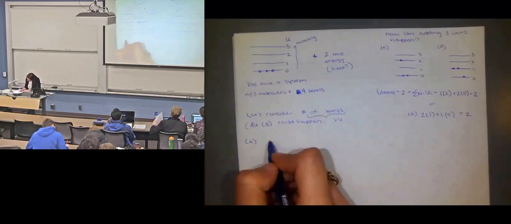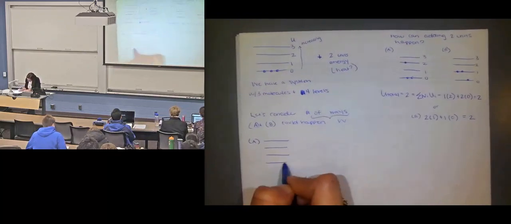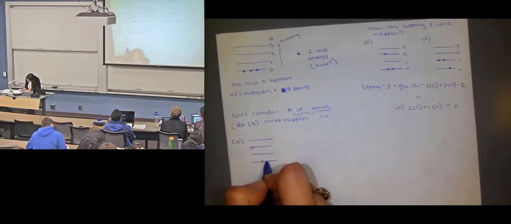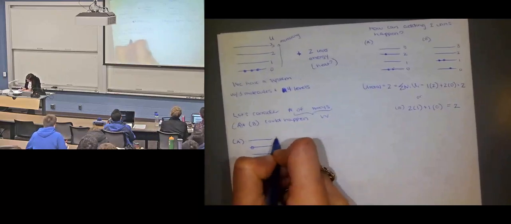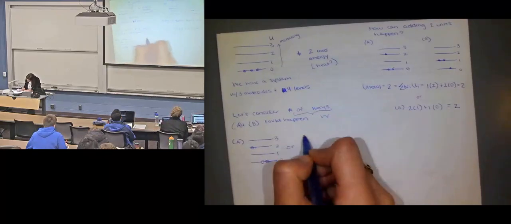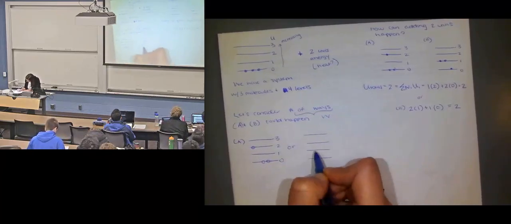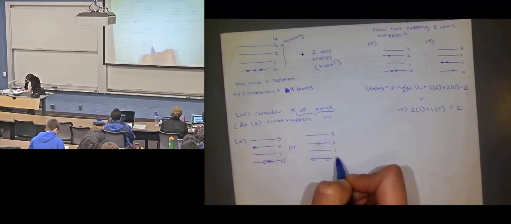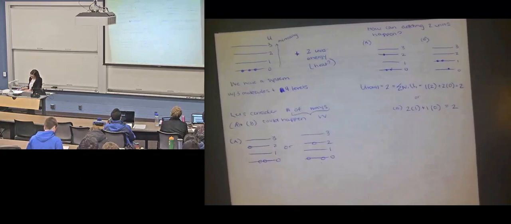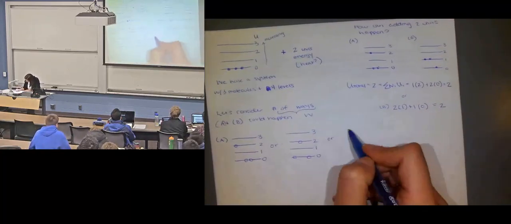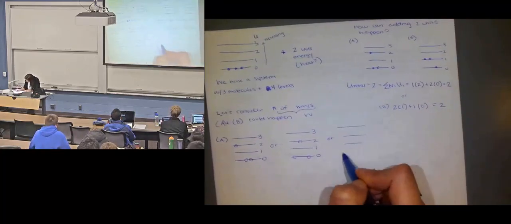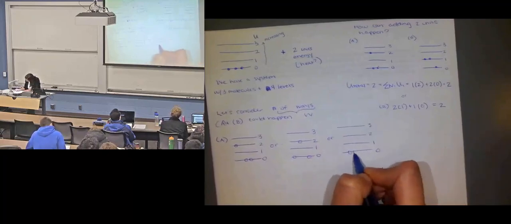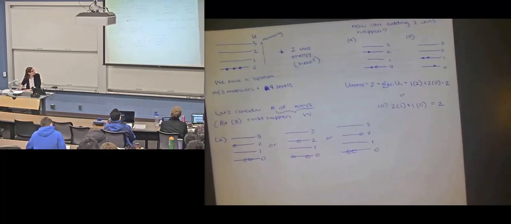So for our A case, we could have the first molecule pops up into the second level and the next 2 stay down in the 0th, or the middle molecule is in the second energy level, and the first and third stay in the ground state, or the last molecule could be the one that moves up to the second level.